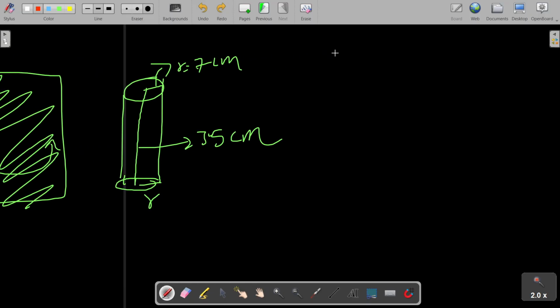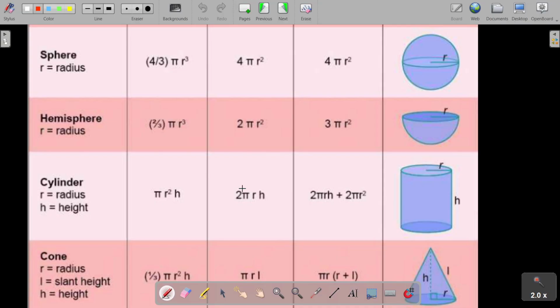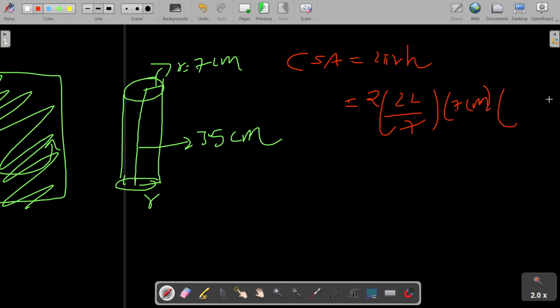The CSA of a cylinder is 2 pi r h, 2 times pi times radius times height. So 2 times 22 over 7 times radius 7 centimeters, and height is 35 centimeters.